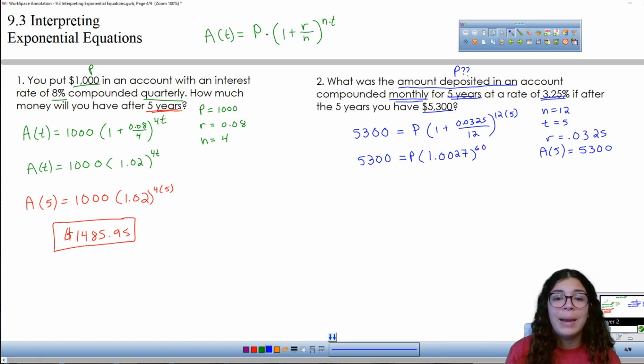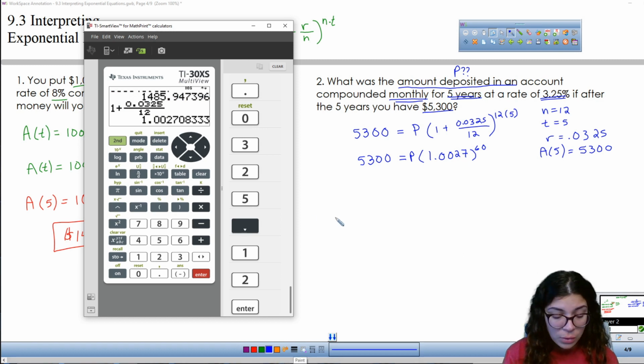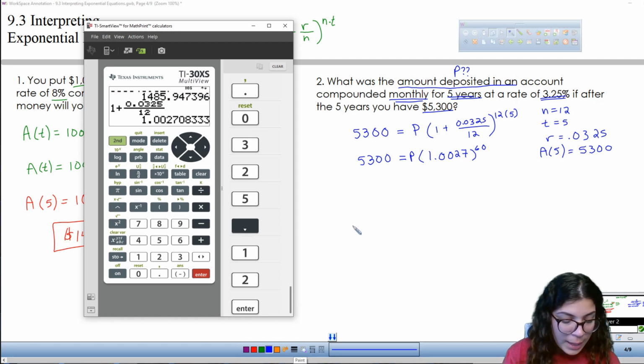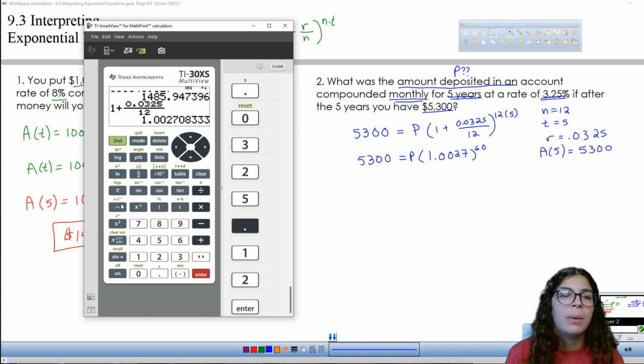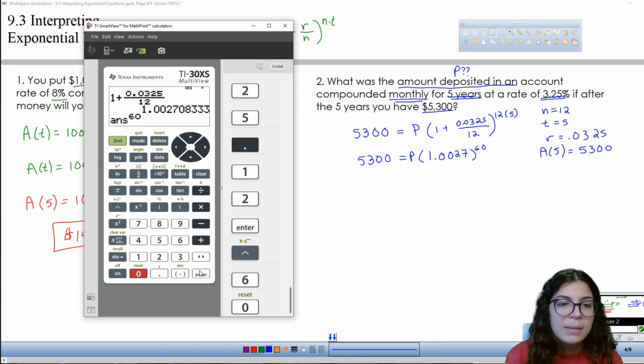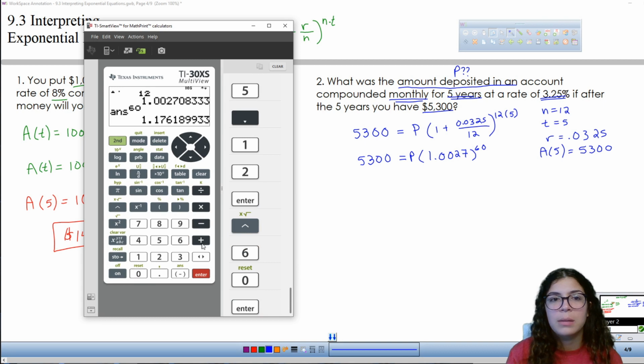So now I can do on the calculator, I can leave that decimal there, which is obviously more precise than if I just had 4 decimal points. I have the entire number there, exactly what it is, and now I can put it to the power of 60, which will be a more exact answer.